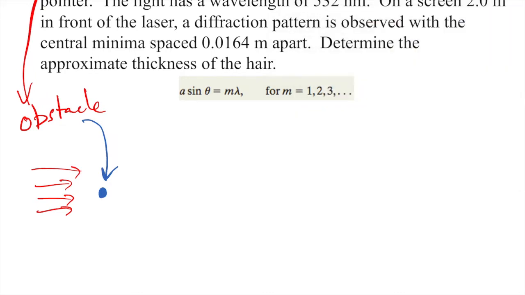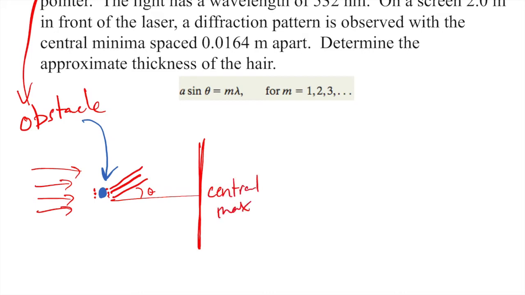Now again, the math of this is all the same, but it's just kind of strange. If you have your light coming in, and then you look at the different angles, that's our theta, and you want to know what's going on on the screen over here. You're going to have a huge central maximum here. I'll try to draw it sideways.